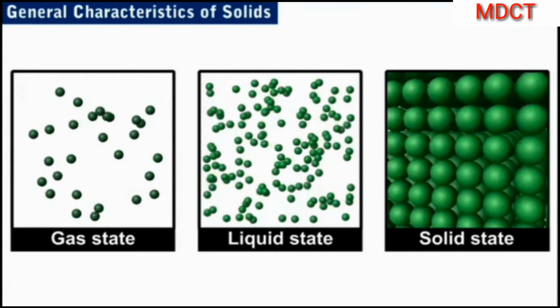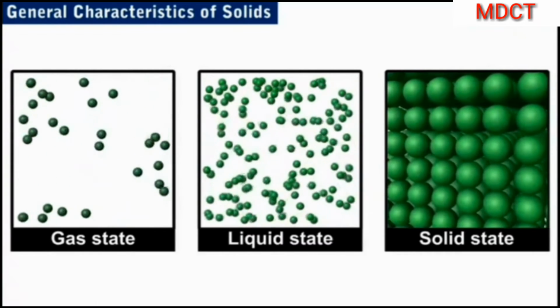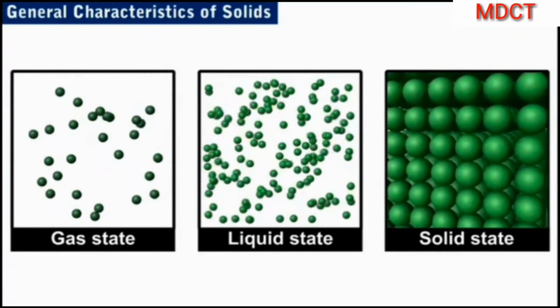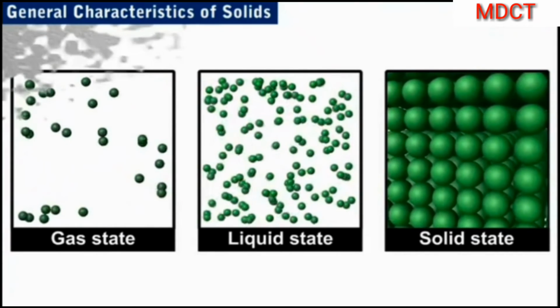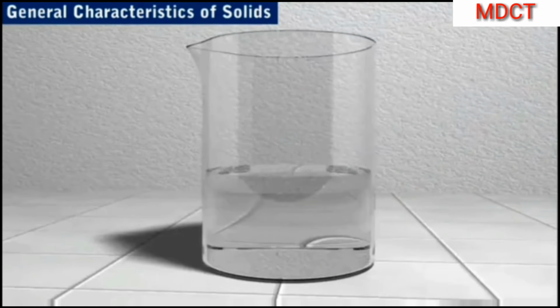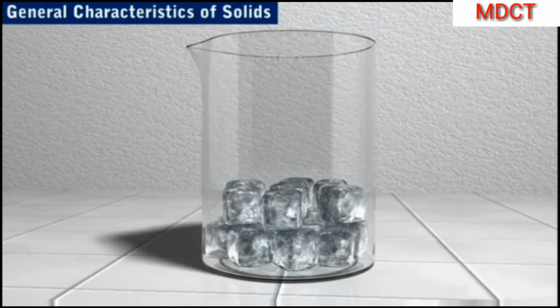In turn, the arrangement of the constituent particles in a particular substance depends upon the external conditions of temperature and pressure. For example, at 1 atmospheric pressure, water in the liquid state gets converted into its solid form, ice, at 0 degrees Celsius or 273 Kelvin.